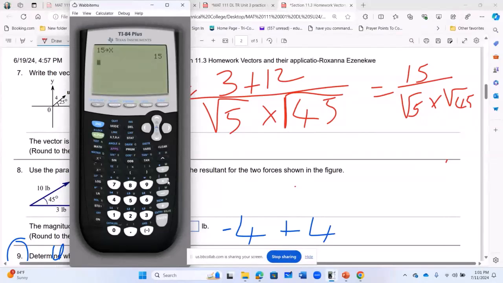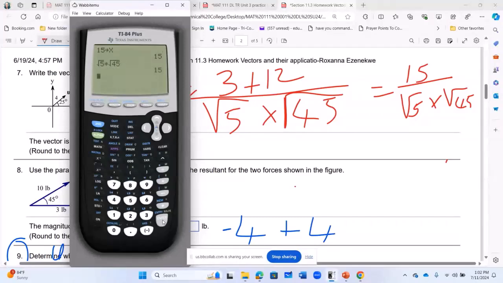And then I'm going to say divided by parenthesis square root of 5 square root of 5 multiply square root of 45 square root of 45.